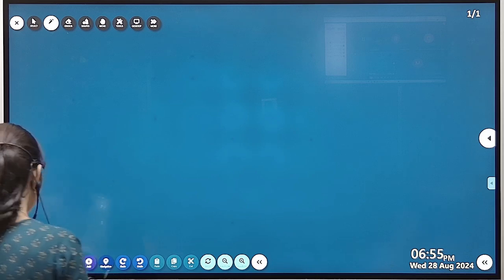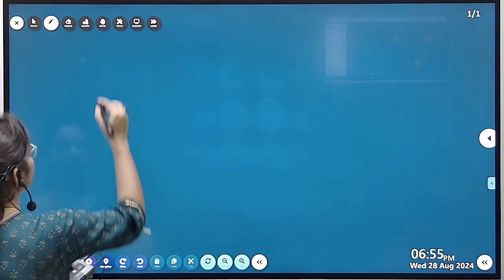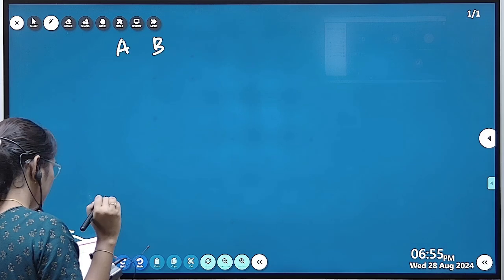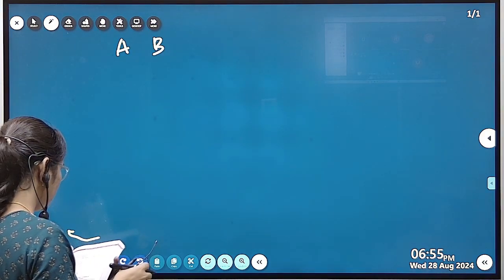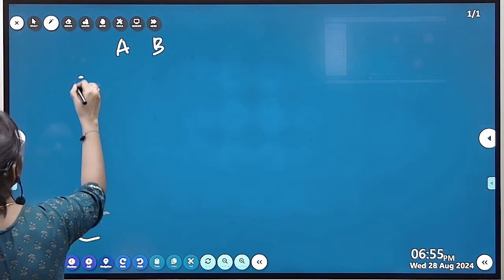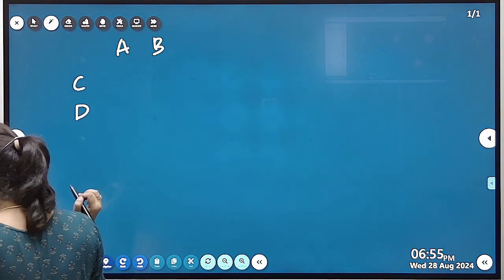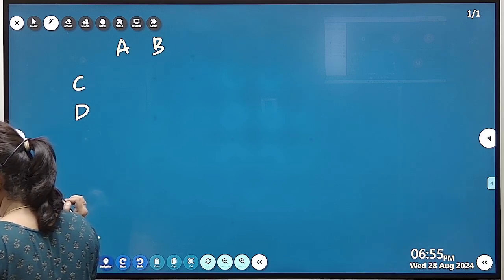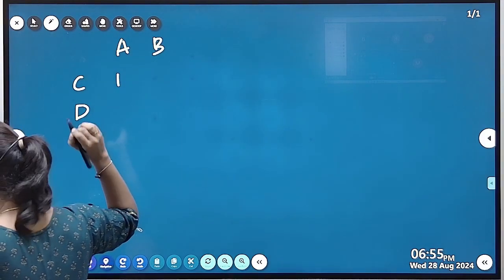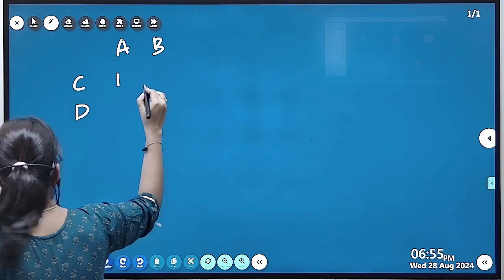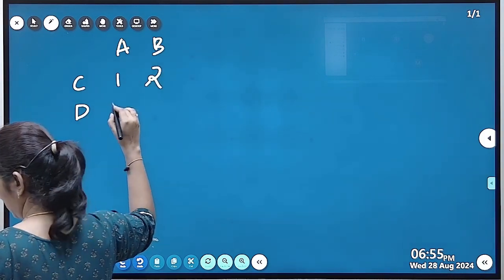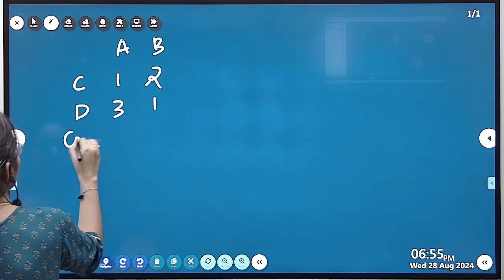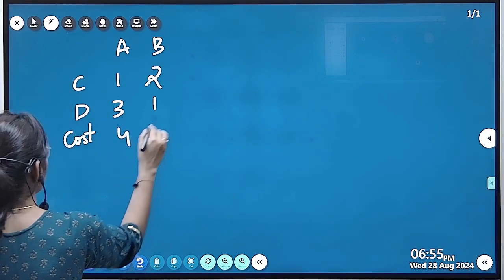So now what he is telling: there are how many components? A and B. The following table gives us the units of ingredients. How many ingredients are there? C and D. So how much of ingredient C is required? A, 1 unit. B, 2. Next D of A, 3, and this one, 1. What's the cost per kg? 4 and 6.